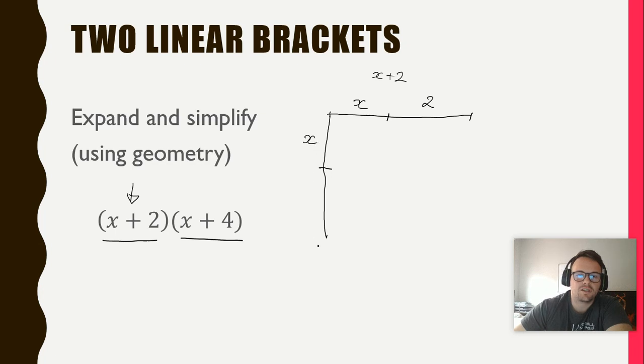And then from here, let's extend this a bit more, otherwise some of you will not accept how this can be 4 when it's the same size as that one. Well, it's not accurate. From here till there is x centimeters, and from here till the end is 4 centimeters.